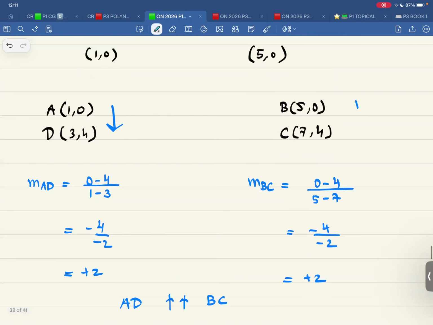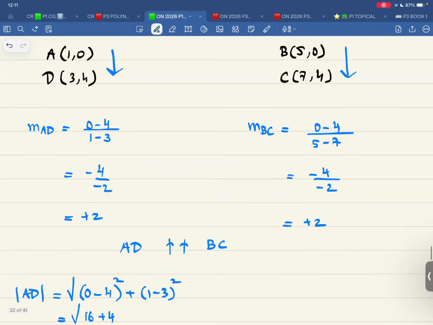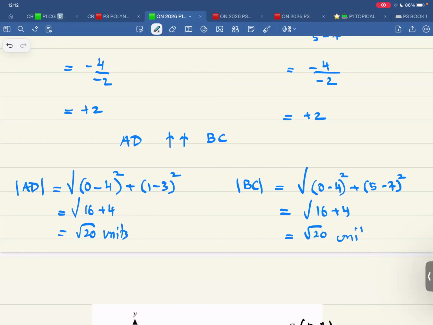Similarly, magnitude of BC, that is square root of (0 minus 4) whole square plus (5 minus 7) whole square, that is 16 plus 4, that is square root of 20 units. So therefore, I have proven that AD is equal to BC.